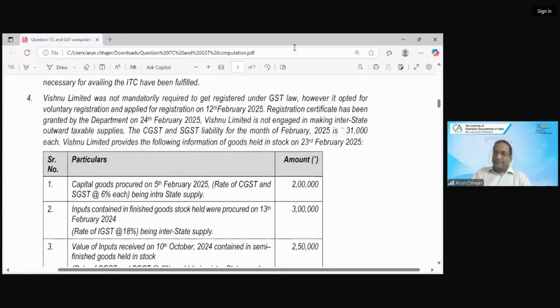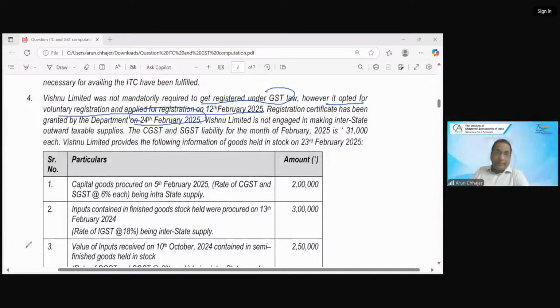Okay sir, let's move ahead. Now let's talk about Vishnu Limited, question number 4. What is question number 4? Vishnu Limited was not mandatorily required to get registered under GST law. However, it opted for voluntary registration and applied for registration on 12th Feb. The registration certificate was granted by the department on 24th Feb.